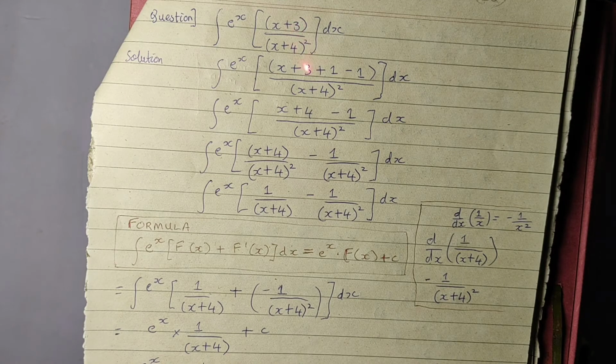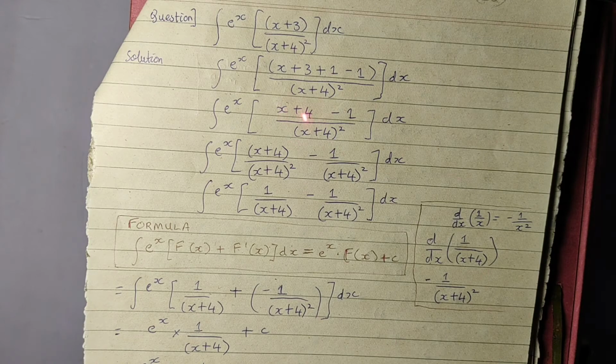This we have taken from the numerator itself, plus 1 we have put initially, and then minus 1, and the denominator we have taken from the question itself, x plus 4 the whole square, dx. So integration of e raised to x, x plus this would become 4. So 3 plus 1 is 4, and this minus 1.